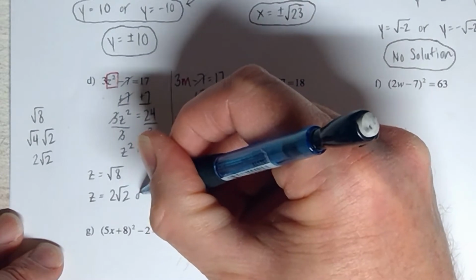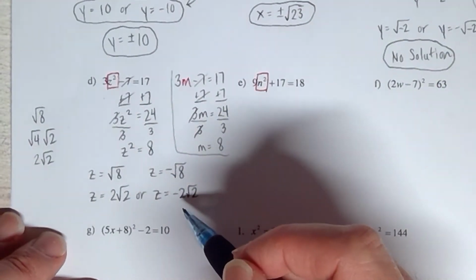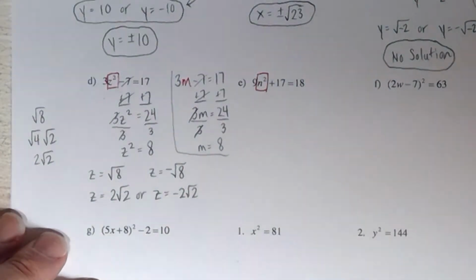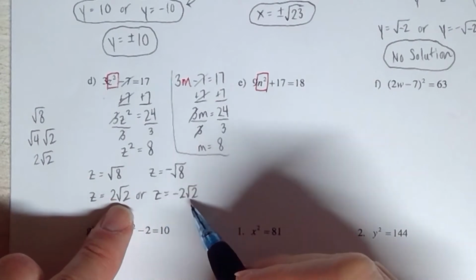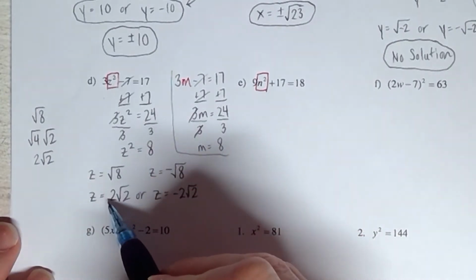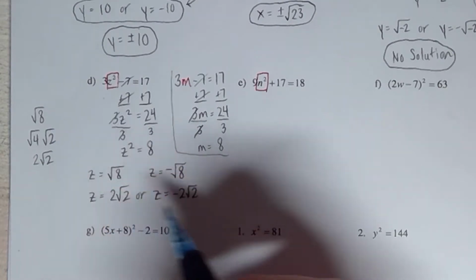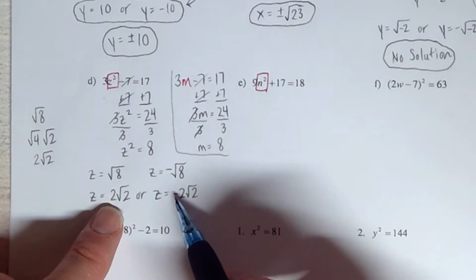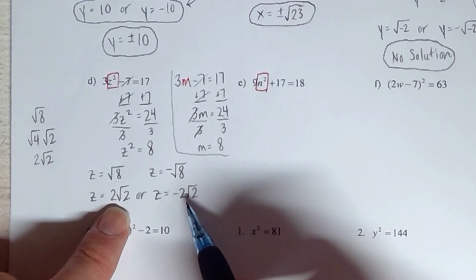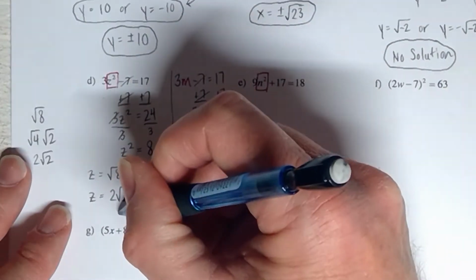Okay, now again, you could circle your answer right now. Okay, you can circle this. But what's that last step that we could do? Like we said, if you've got 2 answers that are exactly the same, except for you have a positive, in this case an invisible positive in front of the 2 here, and then you have a negative in that same exact spot right in front of the 2, but everything else is the same other than the positive and then a negative in the same spot, that means what?